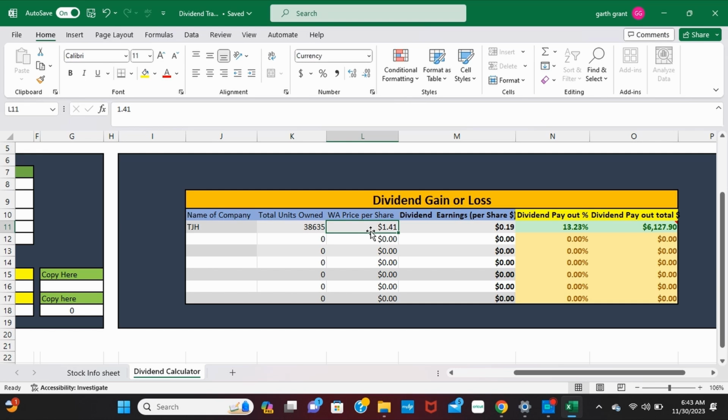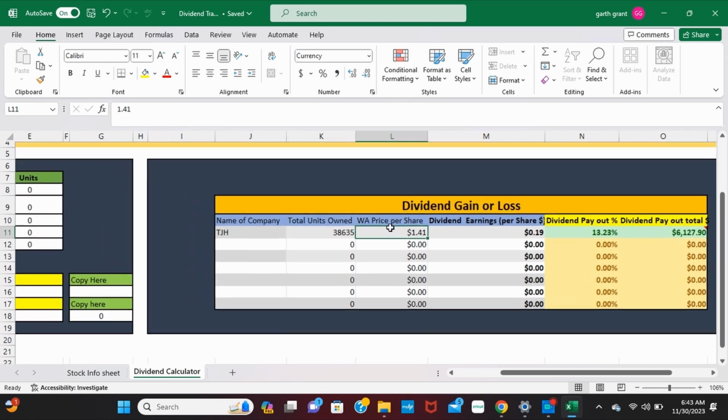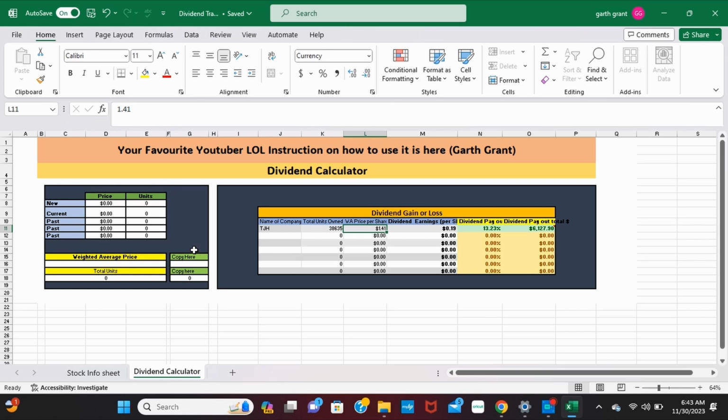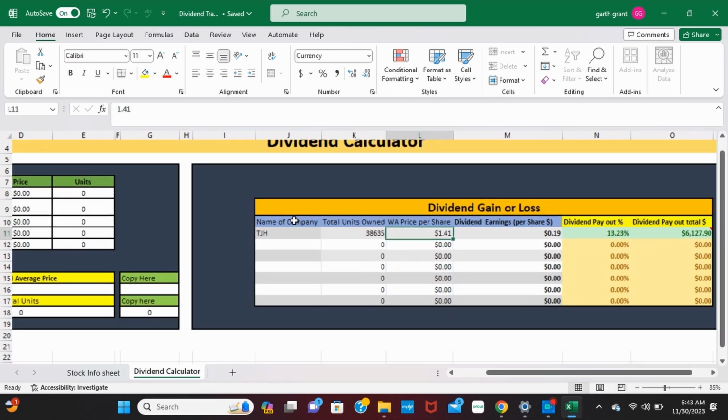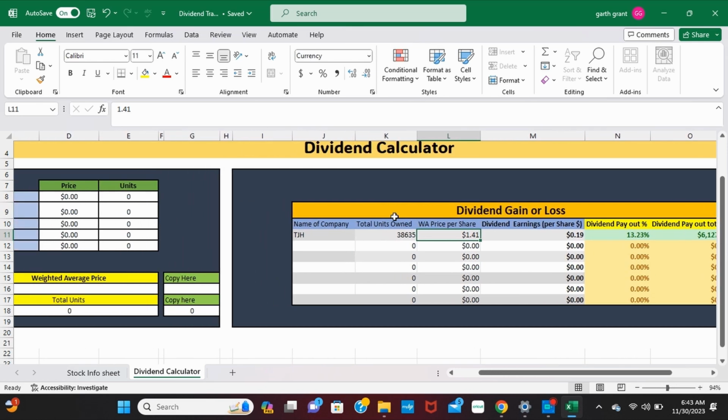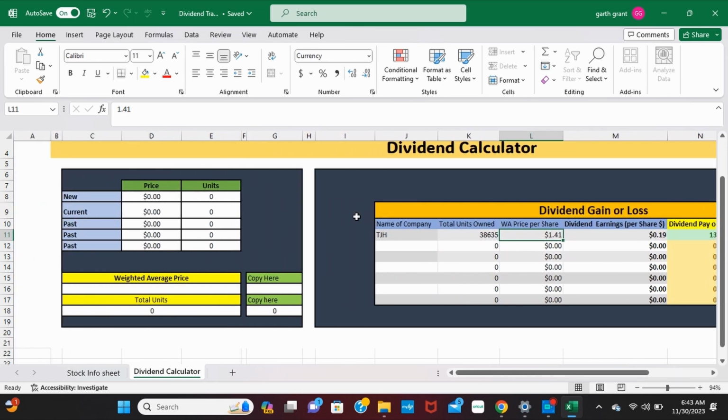This is just a dividend calculator, and this is a free thing. But in the event you want my stock course, you can reach out to me. The website will be up by December, so you can buy it without having to reach out to me. But for now, you can reach out to me on Instagram.